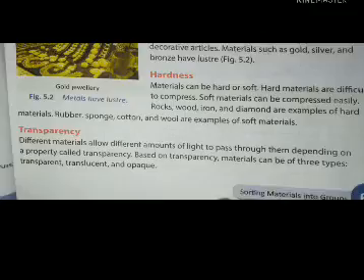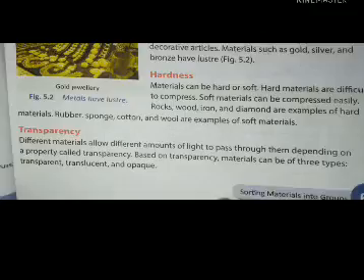Based on this transparency, materials can be of three different types. One is transparent, those materials which can allow almost all the light to pass through them. The second type of material is called translucent, where the materials partially block and partially allow the remaining part of the light to pass through.